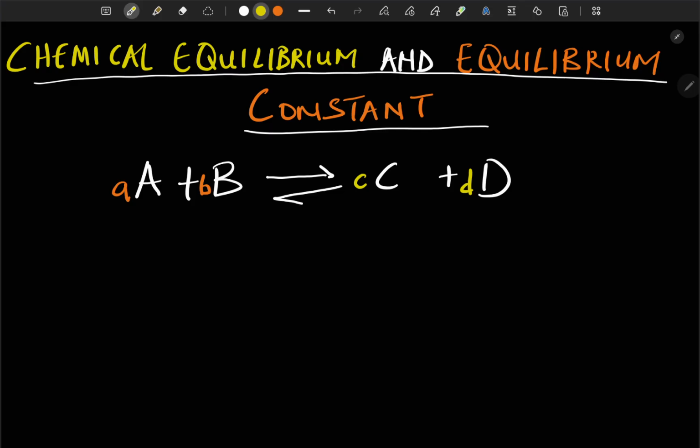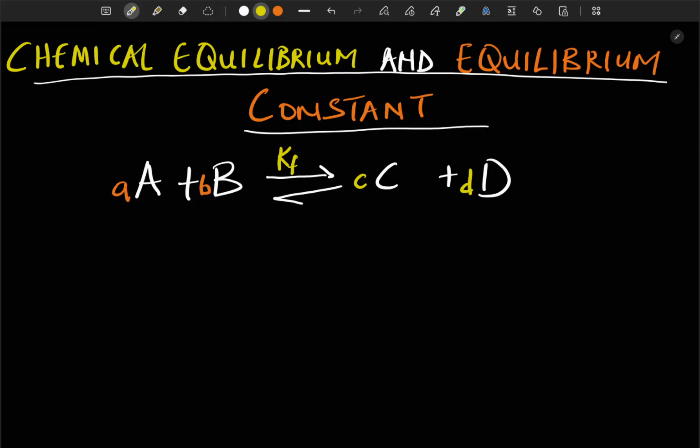It attains equilibrium. Now, when A plus B goes to C plus D, this reaction is known as the forward reaction, and this forward reaction will have a rate constant which we are going to call Kf, the rate constant for the forward reaction.